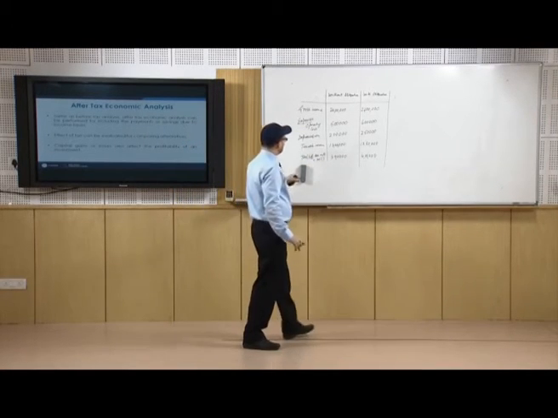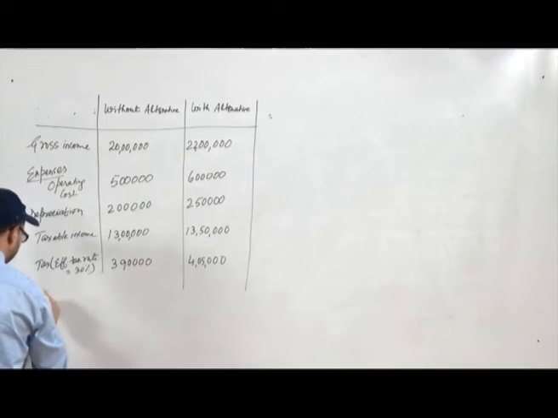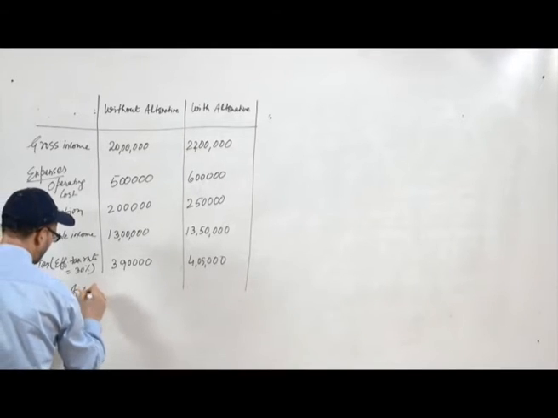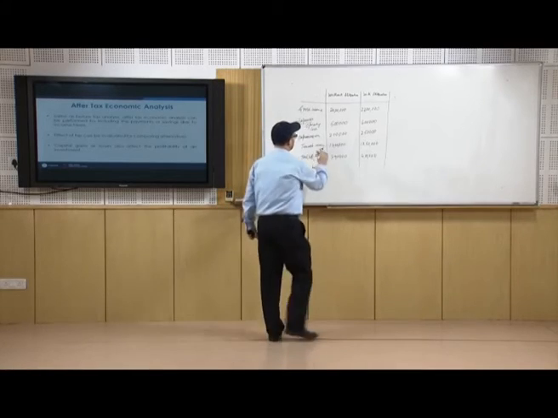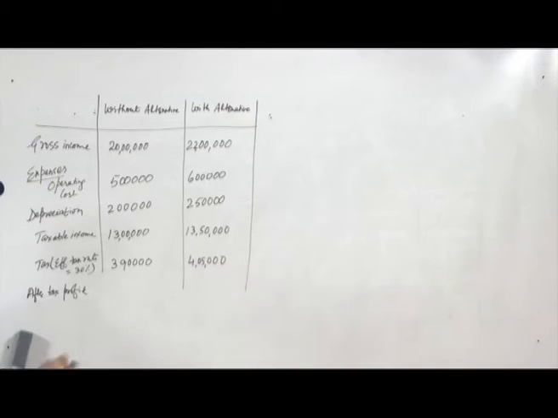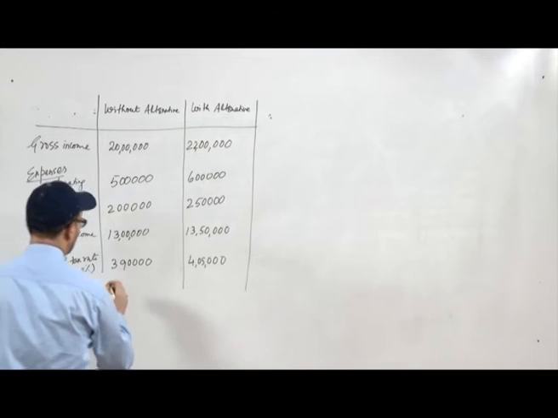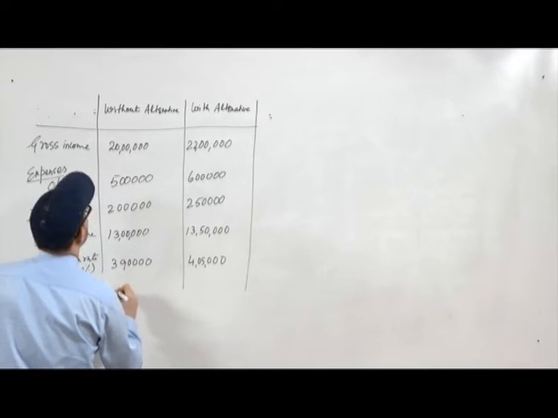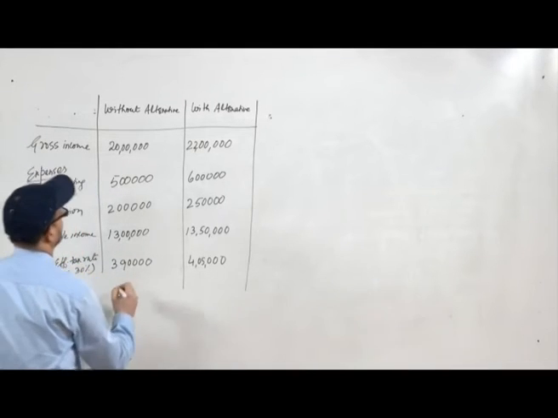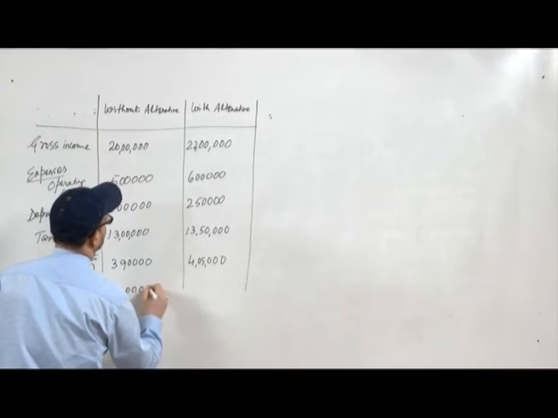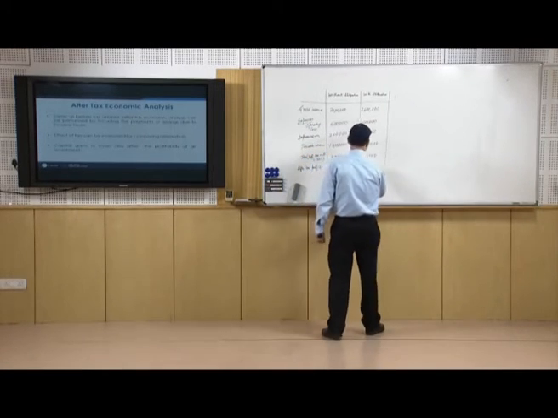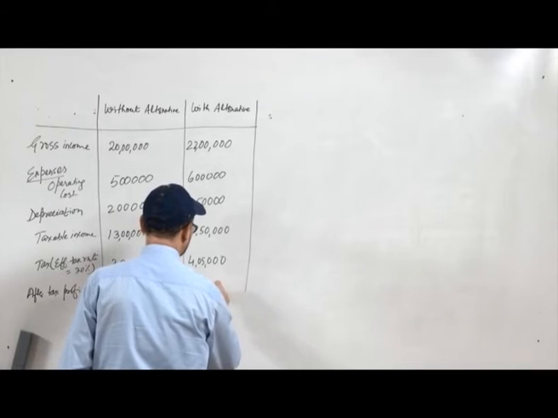If we compute the after tax profit, the taxable income is 13 lakh and tax is 3,90,000, so after tax profit is coming out to be 9,10,000 and in this case it is 9,45,000.